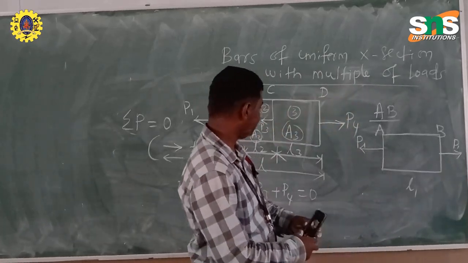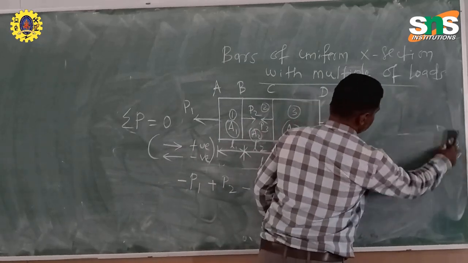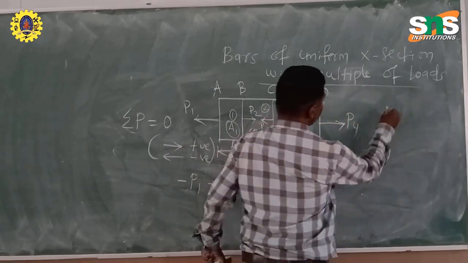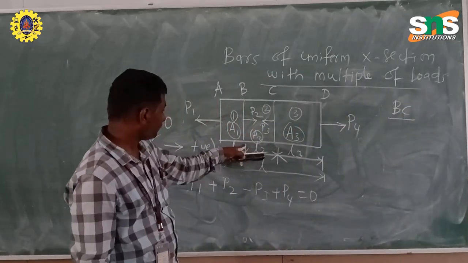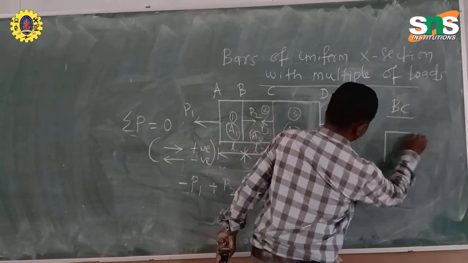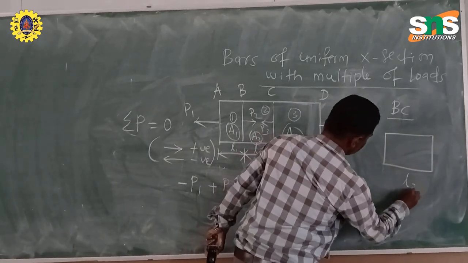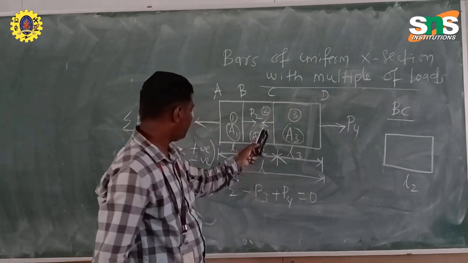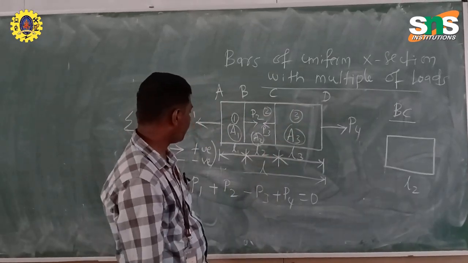Next, how to find the BC section? Here, the length is L2, the area is A2, and the load I have to find.